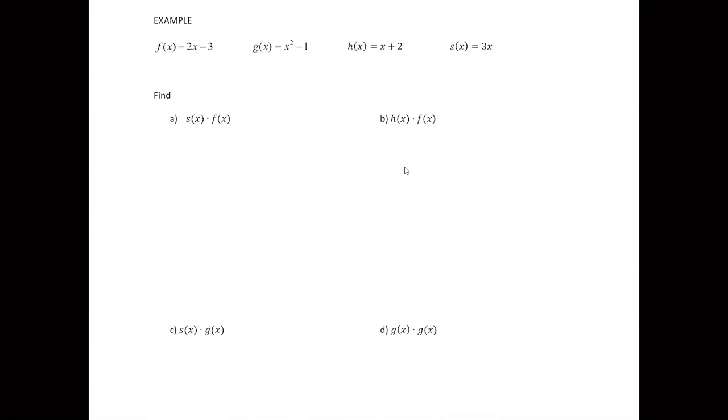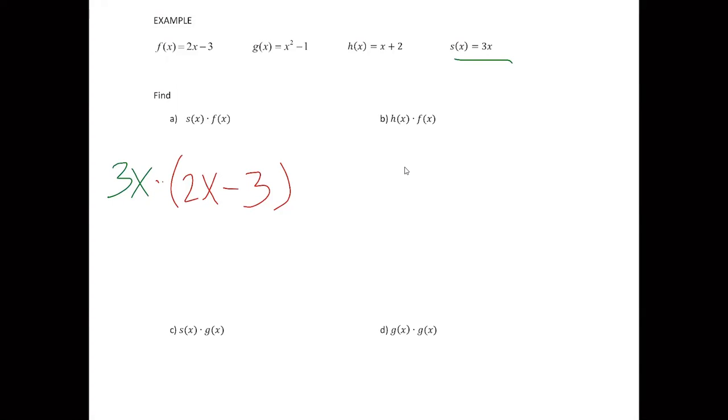So for this first problem, we have s of x times f of x. So s of x is 3x times f of x, which is (2x minus 3). You might have noticed I wrote 2x minus 3 in parentheses. Here's the idea. If you have an expression that has more than one part, you want to put parentheses around it.